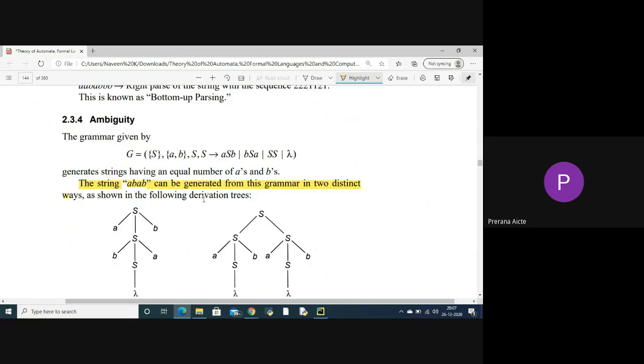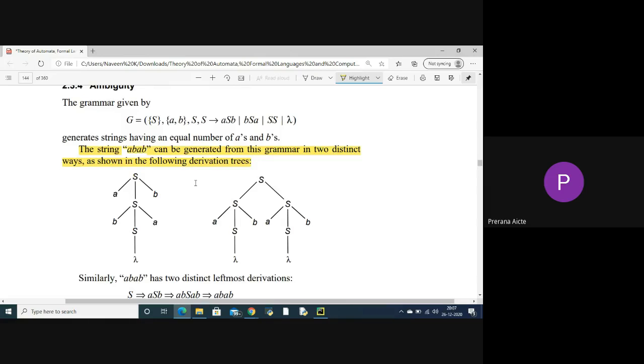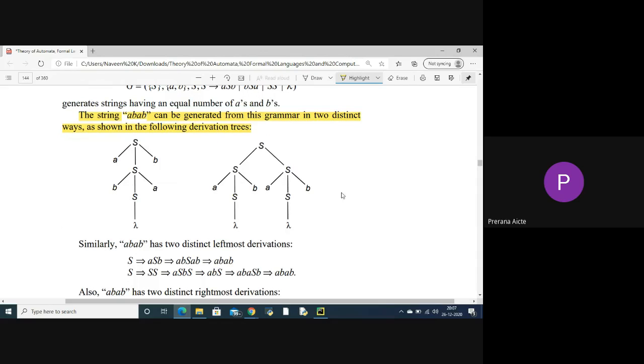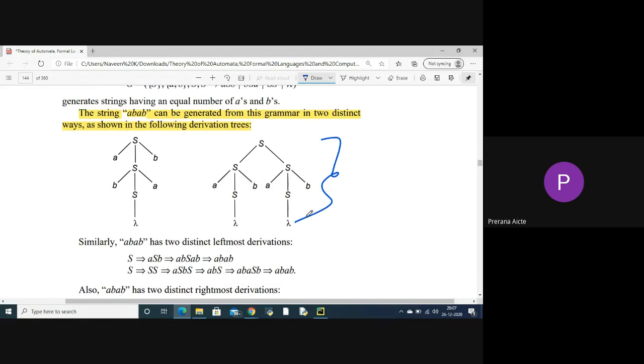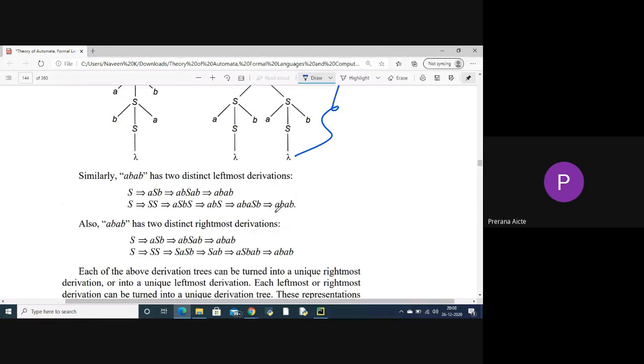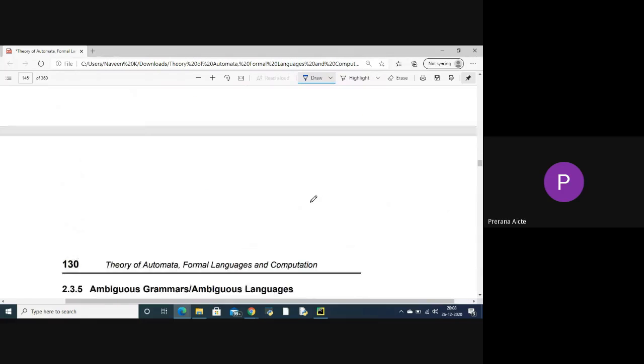An ambiguous grammar is nothing but if there is a possibility of drawing two or more parse trees for the given string by using the grammar, then the grammar is said to be an ambiguous grammar. Here is one of the possibilities of ambiguous grammar for the string ABAB. Okay.